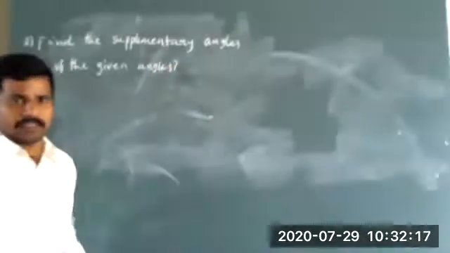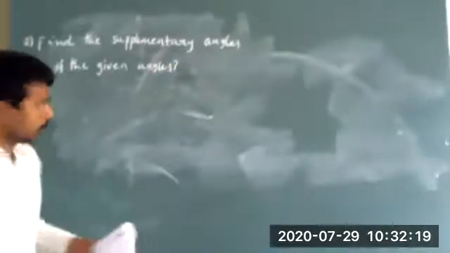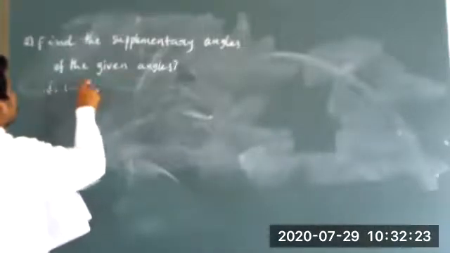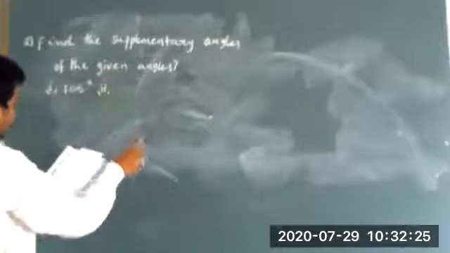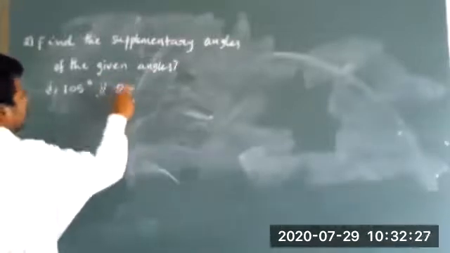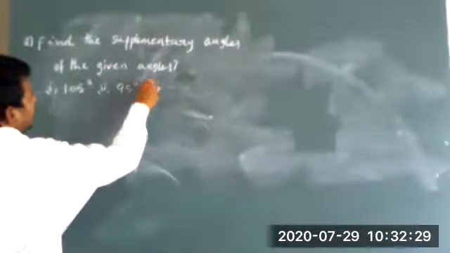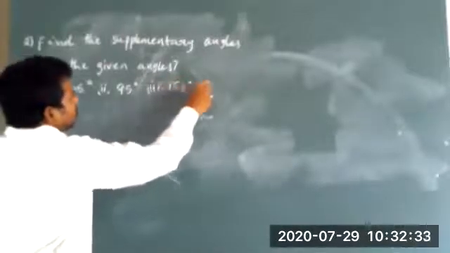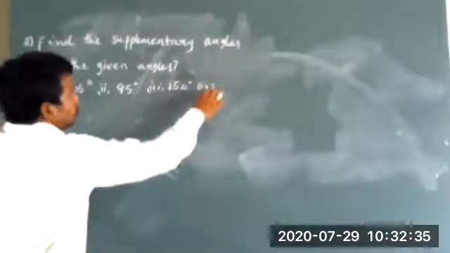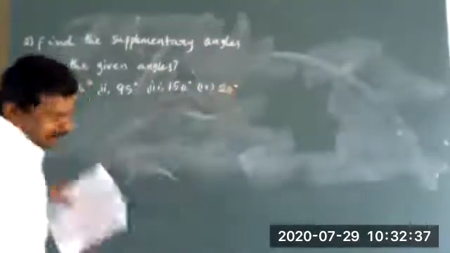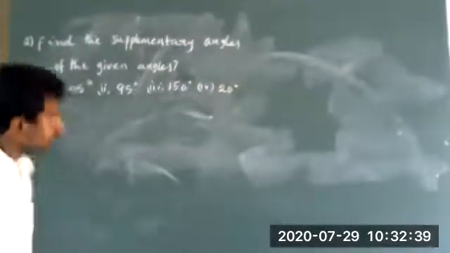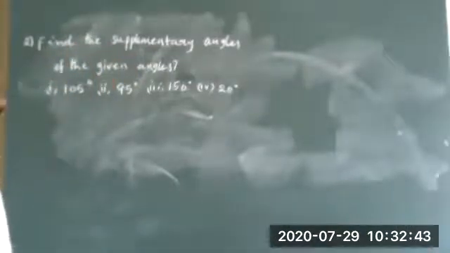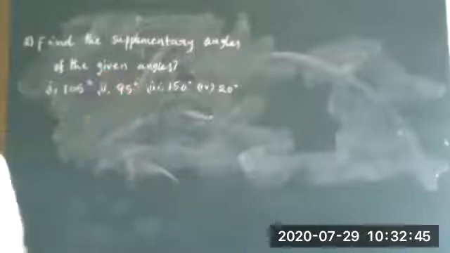The given angles, first one, 105 degrees, 95 degrees, 150 degrees, 20 degrees. Listen. What is the given question? Find the supplementary angles of the given angles.